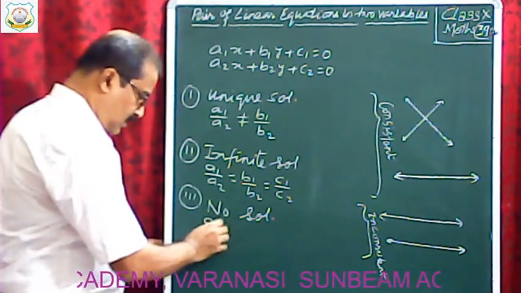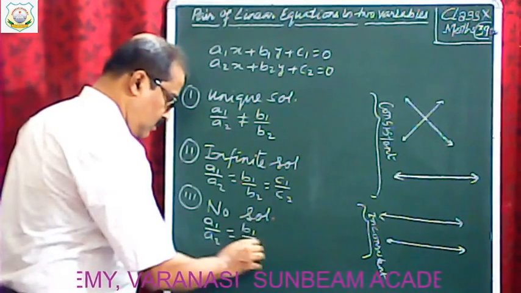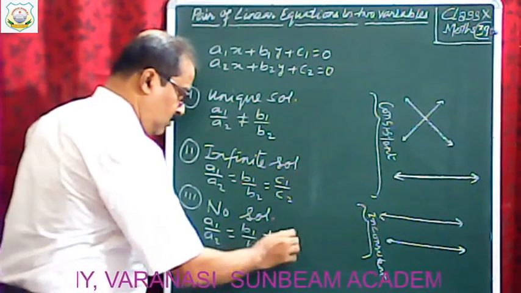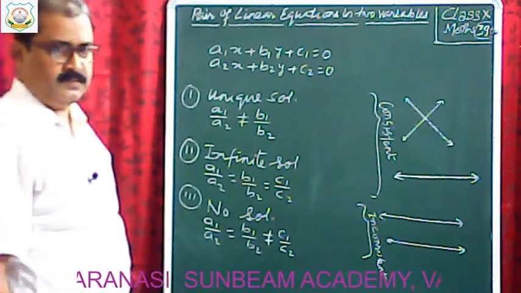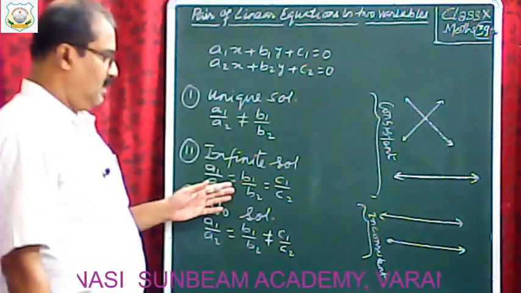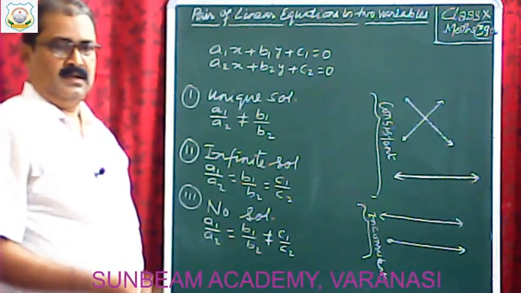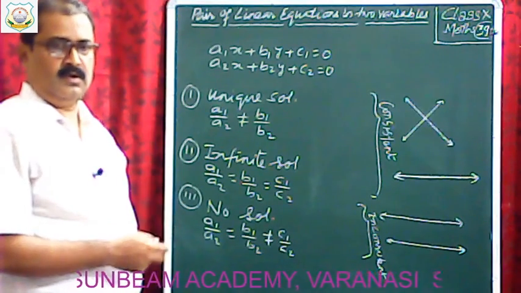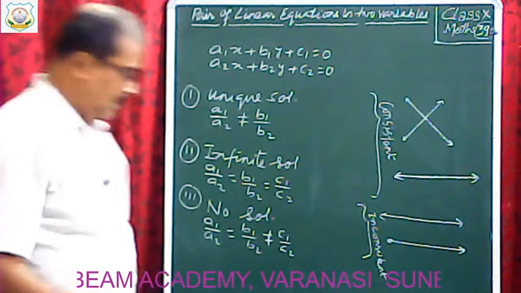And if a1/a2 = b1/b2 is not equal to c1/c2, then it is a case of no solution. Clear? So in this way also we can check the nature of solutions without representing the given equations on graph paper. Clear? So now come to the exercise.